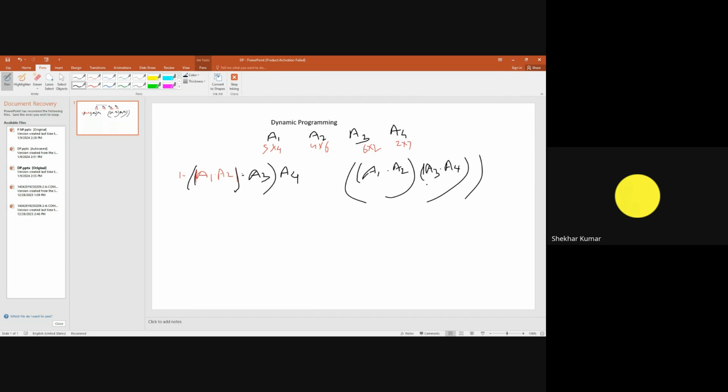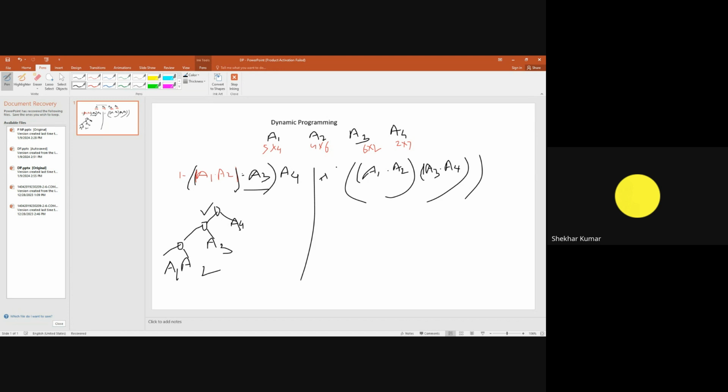If I generate a tree for these 2 problems, then at first I have multiplied A1 and A2, then the resultant is multiplied with A3. After that, the resultant is multiplied with A4. At this stage, I have found the solution.